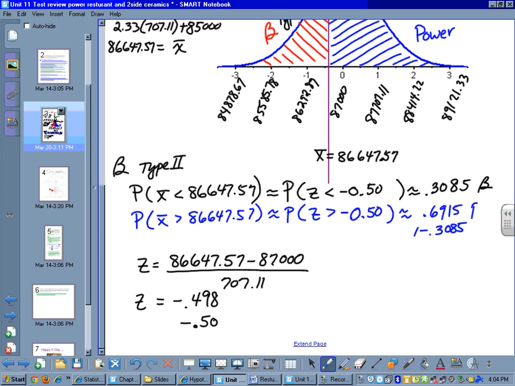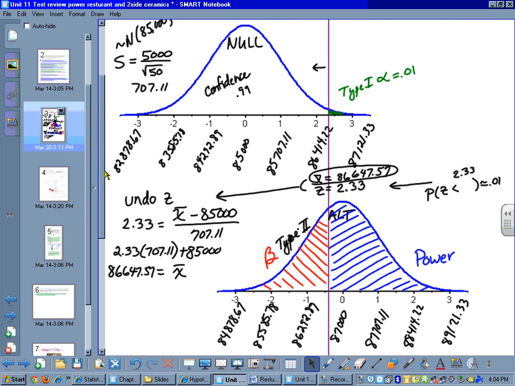And that is my power. So it took all of that work to get to these two answers. And I am going to be sufficiently happy with this because right now I only have a 1% chance of opening up a restaurant and losing money. That's my type 1 error.